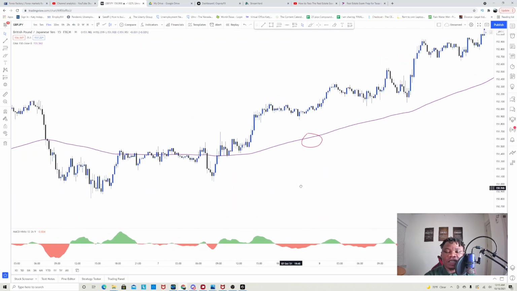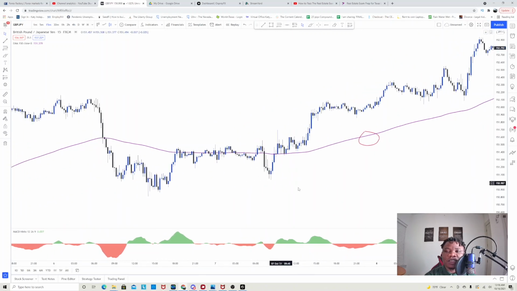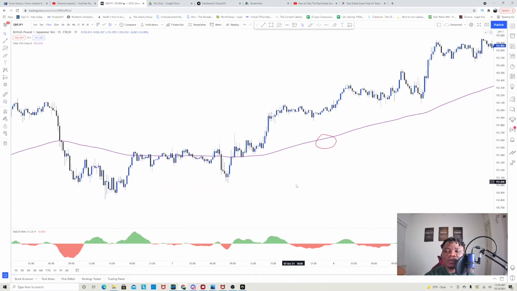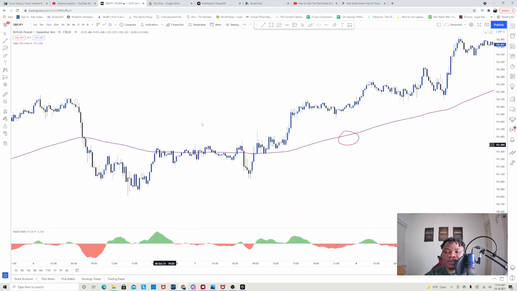To take this buy position, we need to look for our resistance zone like I told you earlier, and over here we have a resistance zone. Price couldn't break this zone, so price was just rejecting it, making it a resistance zone.